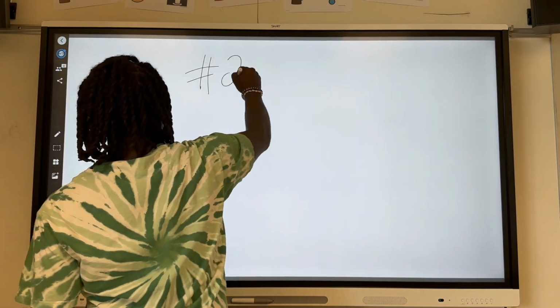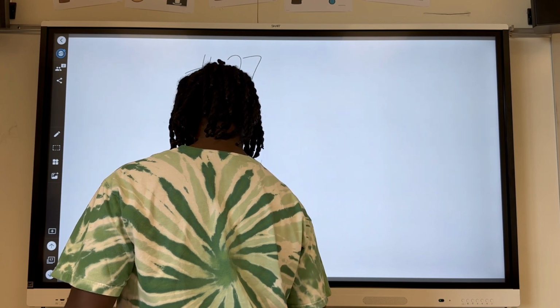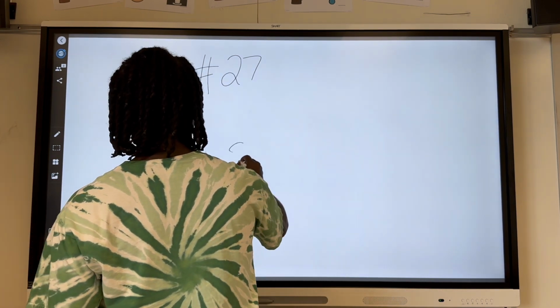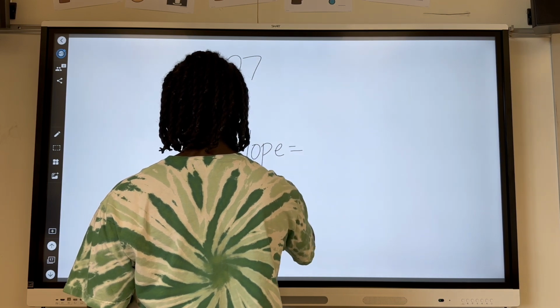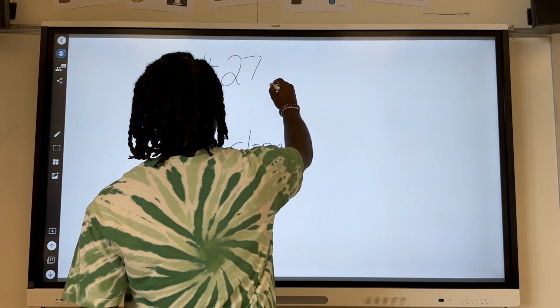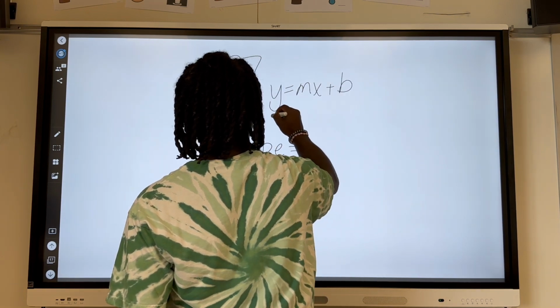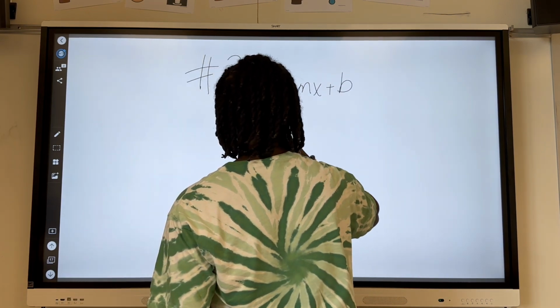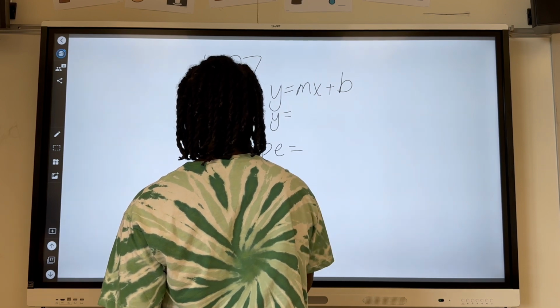Number 27. Okay, number 27. Slope and the y-intercept. You need to remember that y equals mx plus b, and what it gives you, the slope is what the m is, the y-intercept is the b.